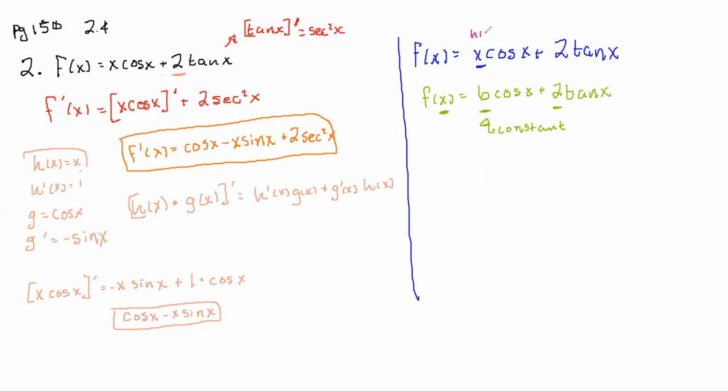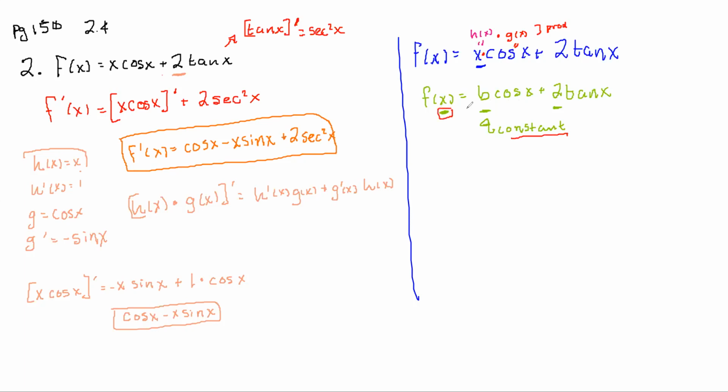We have this h of x, which is my x, and then we have this g of x, which is my cos of x. And so those 2 are multiplied by one another, and therefore we need to use product rule. Here, it would just be negative b sine x, because this is a constant.